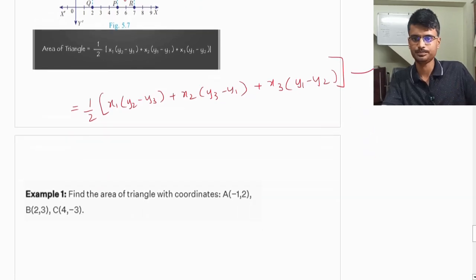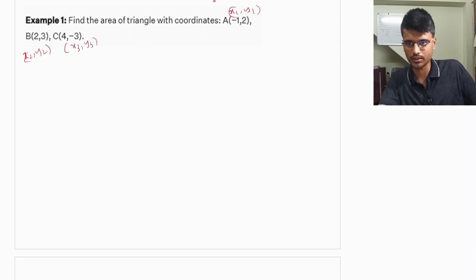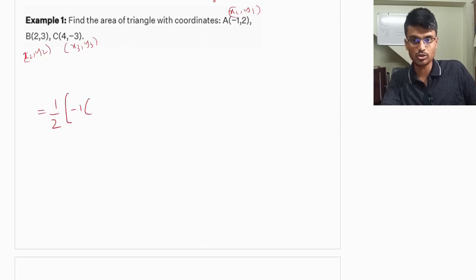Let's solve a simple substitution question. So this is our x1 comma y1, this is x2 comma y2, and this is x3 comma y3. I just need to substitute these things. So let me just do it. 1 by 2 x1. What is x1? Minus 1. y2 minus y3. y2 is 3 minus y3 minus 3.